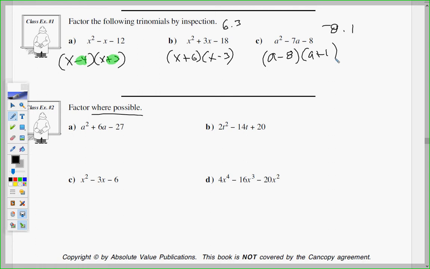I'm going to pause the video for a little bit so you can try these. For B and D, GCF first, and then try to factor. I'll give you about 3 or 4 minutes to try those.